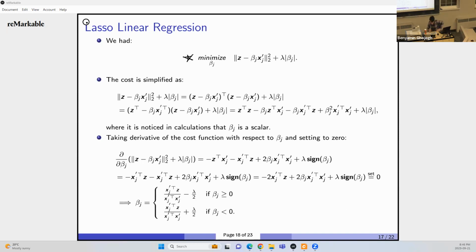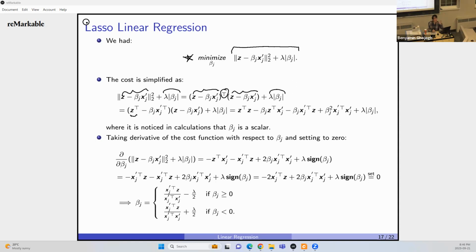I have these. Now everything, I have beta j's. So let's simplify this cost function. What happens? A squared L2 norm of something is that thing transpose that thing. So I have this transpose this plus this term, right? Then I apply the transpose inside on the elements of it. So I have Z transpose.